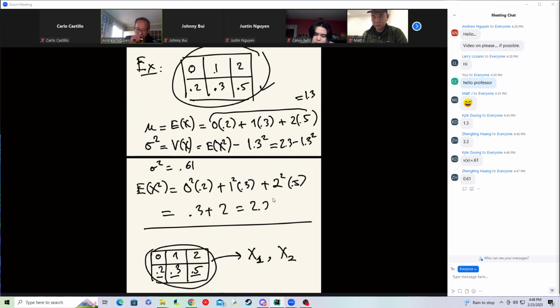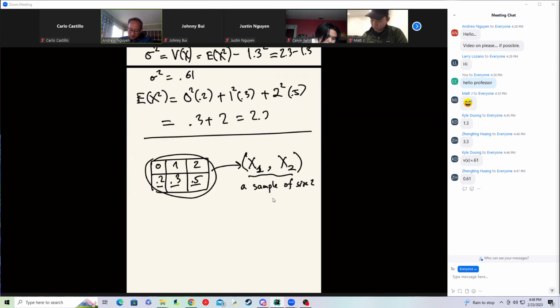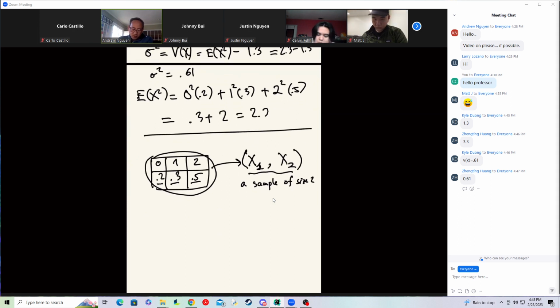So I form a sample, a sample of size 2. Let's learn the terminology. This represents a sample of size 2 selected from the given distribution.